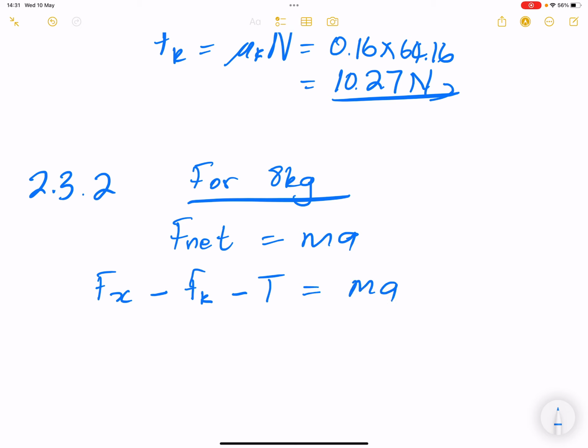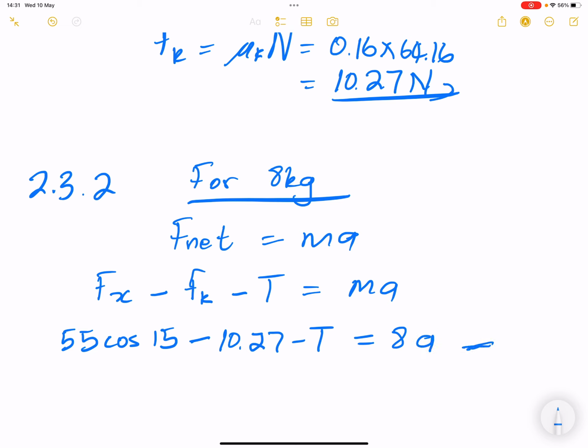So we know this guy would be 55 cos 15 degrees. Remember, we said that would be the value there. So minus frictional force, we said that's 10.27. Okay, minus tension. Now, please note, in this case, our tension is unknown. That's what we want to get, right? And that would be equal to 8 multiplied by A.